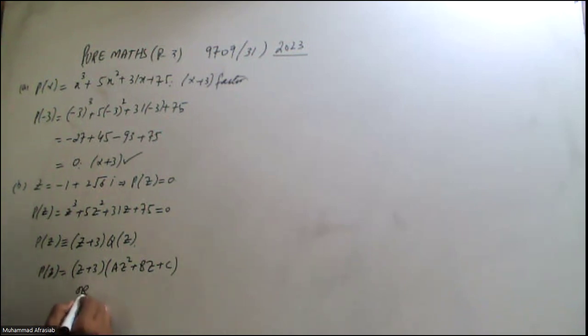Or you can use the other method, simple division: z cubed plus 5z squared plus 31z plus 75 divided by z plus 3. It should be z squared, so z cubed plus 3z squared. This is minus, this is cancelled out, so it should be 2z squared plus 31z plus 75.